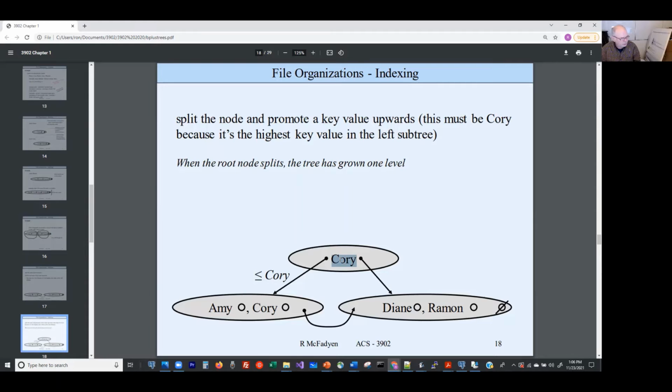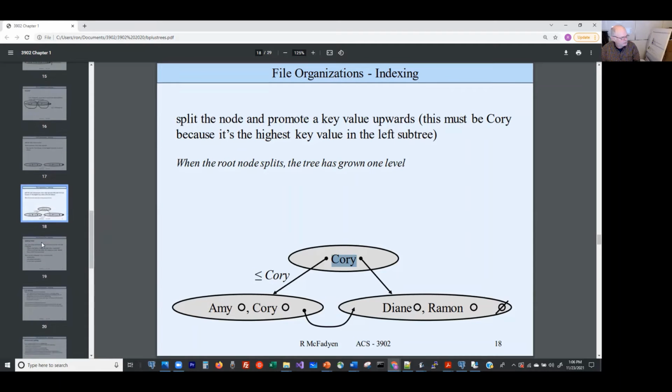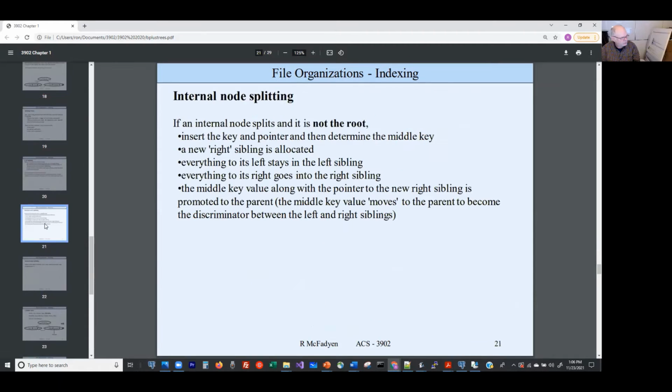Looking at the root node, the left pointer is pointing to a subtree that contains key values less than or equal to Corey. The right pointer is pointing to a subtree that has key values strictly greater than Corey. Let's go up to slide 21. Internal node splitting, but it's not the root.